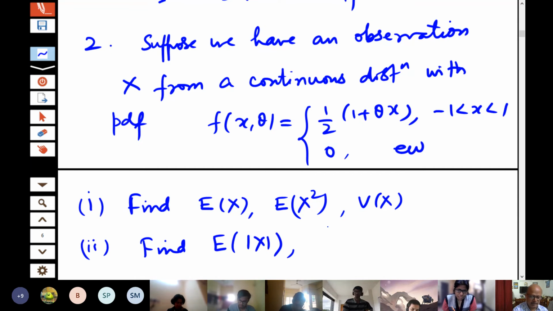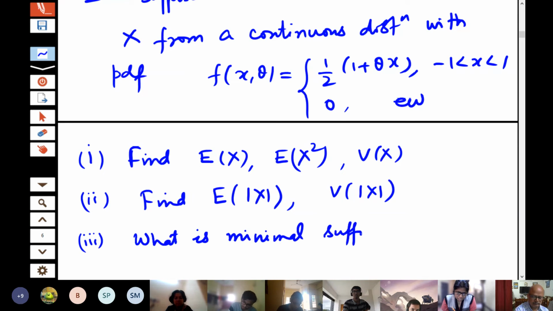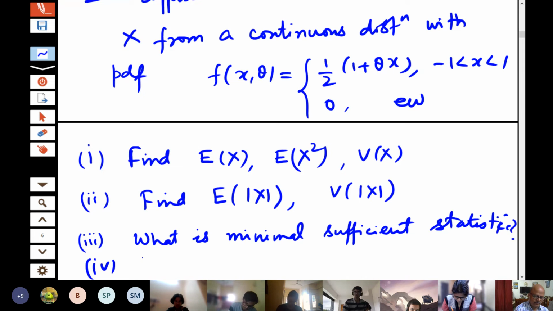Find expectation of mod x. Variance of mod x. What is the minimal sufficient statistic?